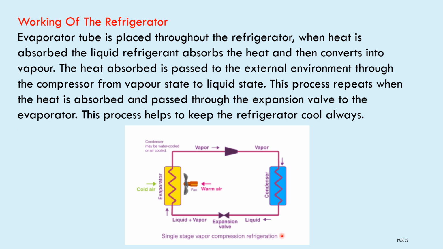This conversion of liquid refrigerant to vapor, then vapor to liquid, repeats. When the heat is absorbed, it passes through the expansion valve, then reaches the evaporator. This process helps to keep the refrigerator cool always. Because of this process, the refrigerator always stays cool.